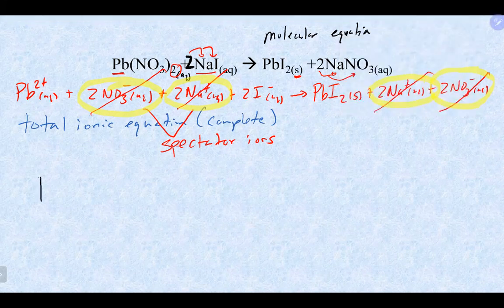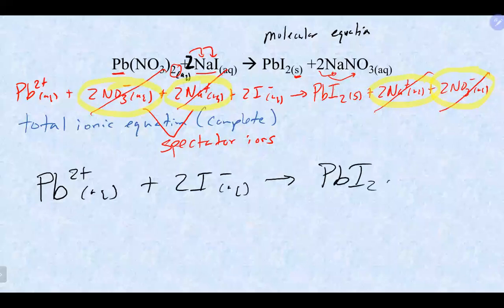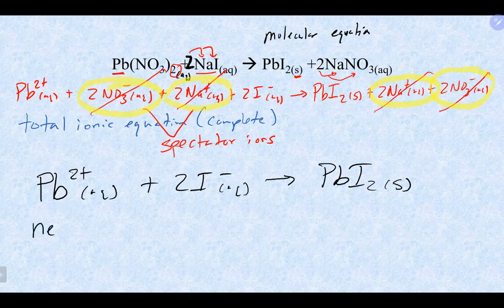In this case, what is really going on is the lead 2 ion that comes from the lead 2 nitrate is going to find the iodide ion that comes from the sodium iodide. And those 2 are going to come together to make lead 2 iodide, which is a solid. And this equation is what is known as the net ionic equation.